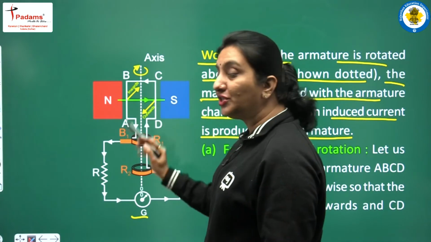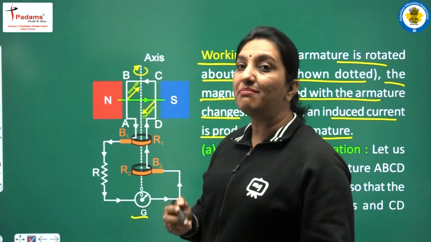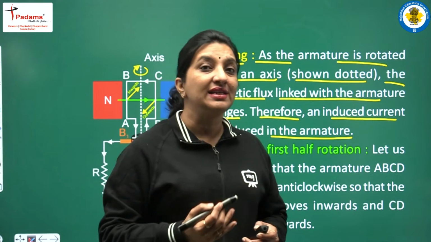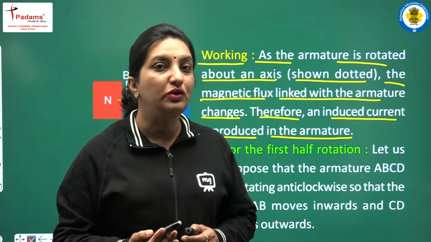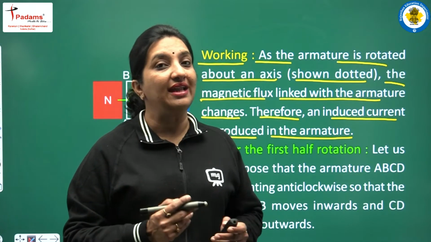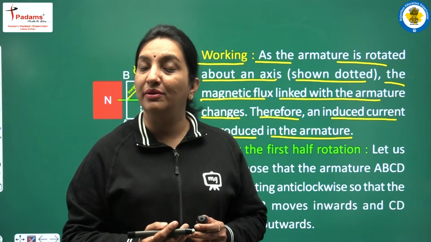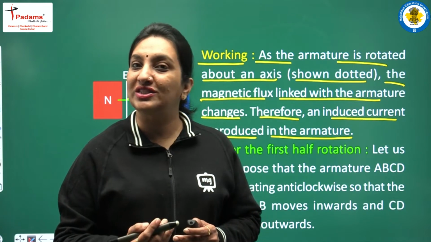So, when this armature rotates between the north and the south poles, the magnetic field associated with each arm is going to change, hence an induced current is going to be produced, and we will see how and what type of induced current will be produced, that is, what will be the direction of this induced current.